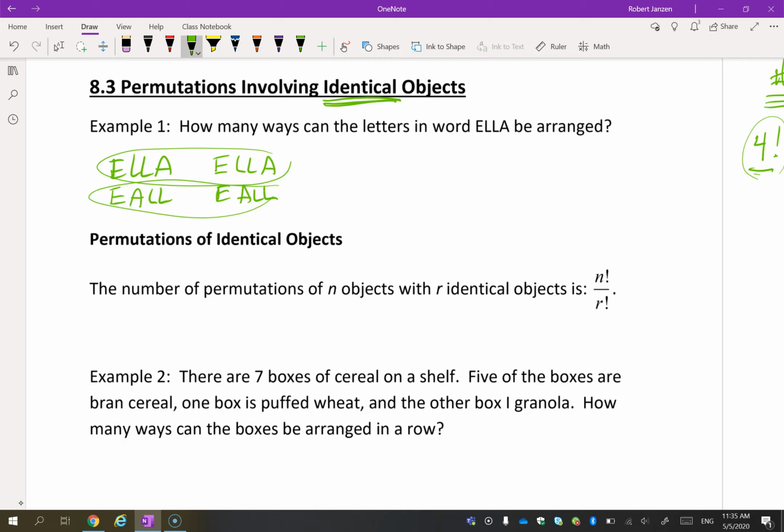Well, I switched the L's, but they're not different arrangements. So whenever we have identical objects, you're going to divide by whatever that identical object is factorial. So how would you do Ella? Well, if it's just 4 objects, you would go 4 factorial. But because there are 2 L's, we would go 2 factorial.